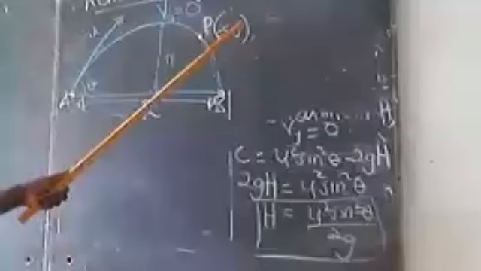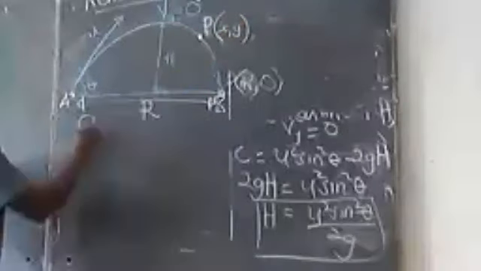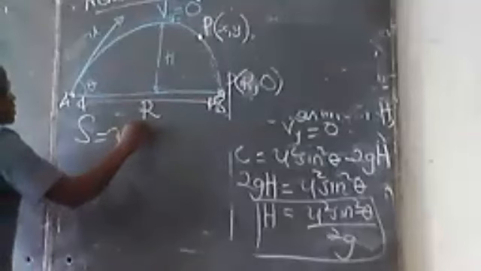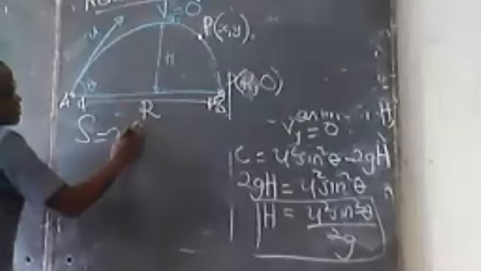If I use s equals ut plus a half at squared, we substitute this equation to suit our projectile motion. We shall get, vertically, it would be y equals u.